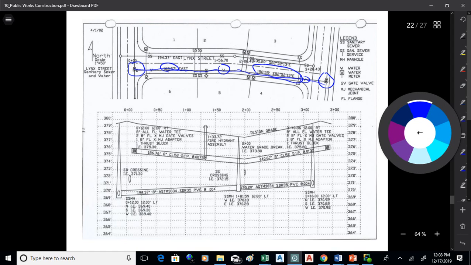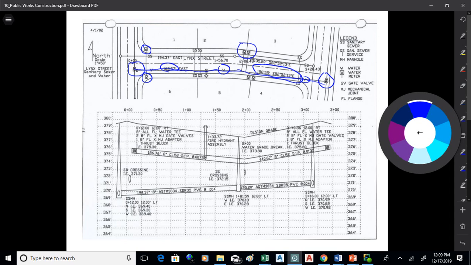And then we've got services that extend out from the water line to the meter boxes. So those lines with a box with a W in it, those stand for water services, which go to each of the individual lots. Okay, a developer would build them out and then give them to the city.